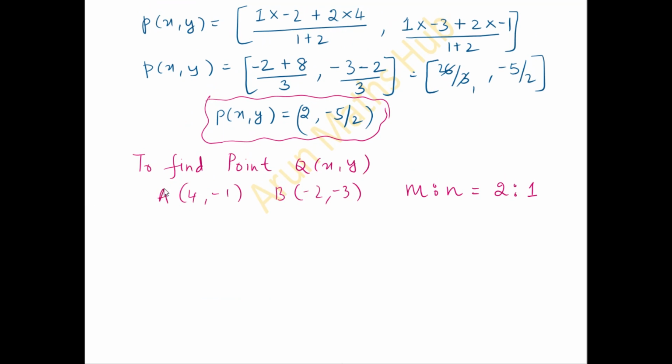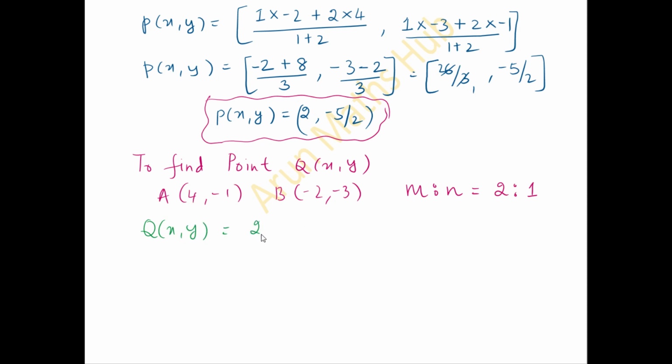Now again by using the same section formula, Q(x, y) equals (m x2 plus n x1) divided by (m plus n), comma, (m y2 plus n y1) divided by (m plus n).